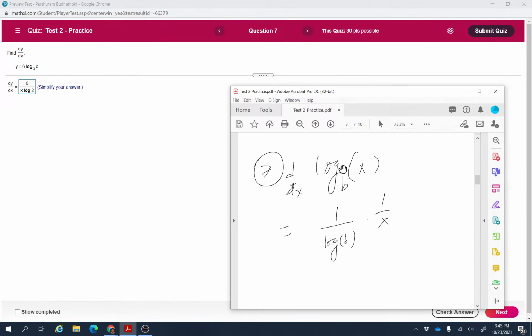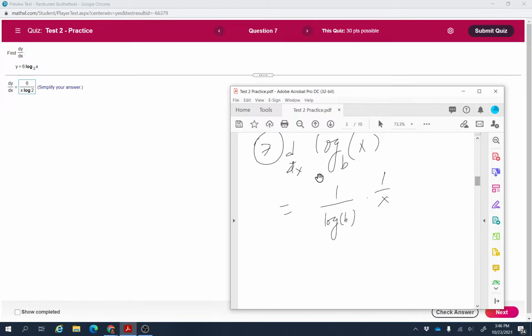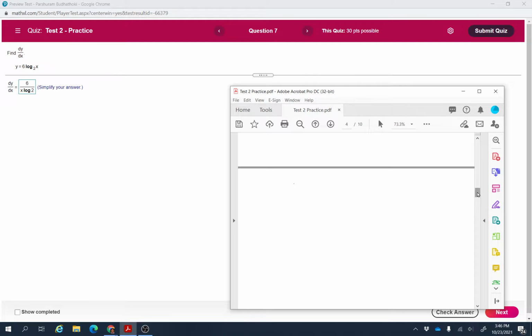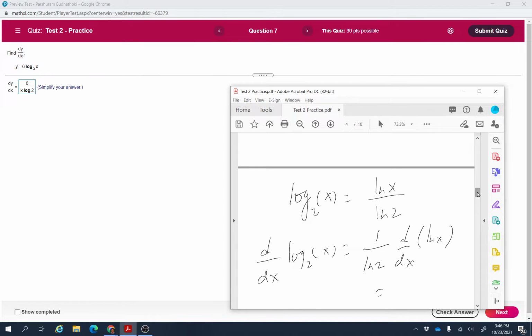If you have log base b of x, the derivative of this is 1 over log base b times 1 over x. That is right. In our case, b is 2 and there is a 6 on the top, so 6 over... since log base 2 of x is actually ln of x over ln of 2, and if we find the derivative of this, it's 1 over ln of 2 times the derivative of ln of x, which is 1 over x, so times 1 over x.